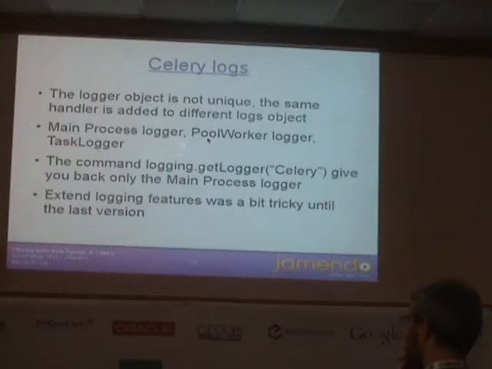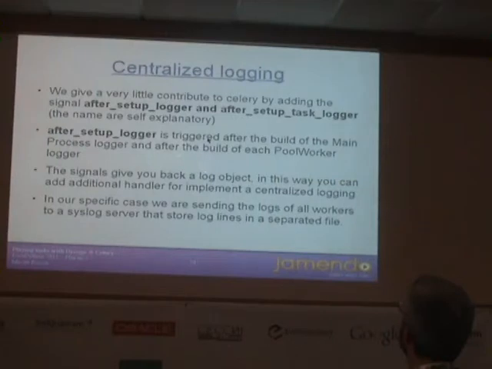Then extending logging was a bit tricky because there were just signals to override the whole logging procedure of Celery. And then you would also lose the log on file and you had to rewrite it or just look at the source code and reproduce it. But after the last version, it's just my little contribution, you can get back your logger after it's set up.